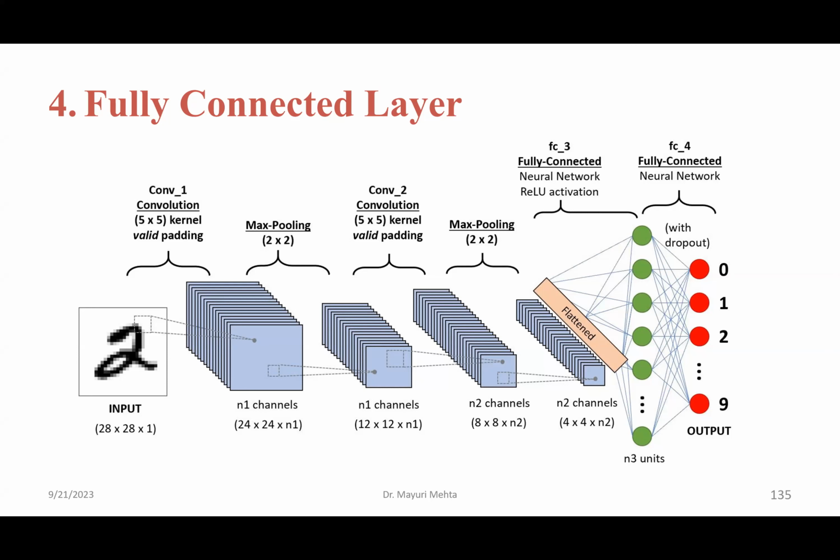Not all kids, maybe a few. But when you get trained again and again, you come to know that in 6 the round is at the bottom, in 9 the round is at the top. So that way they learn some features.